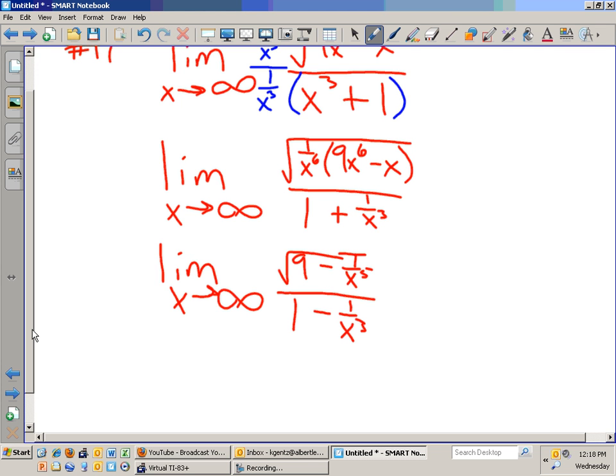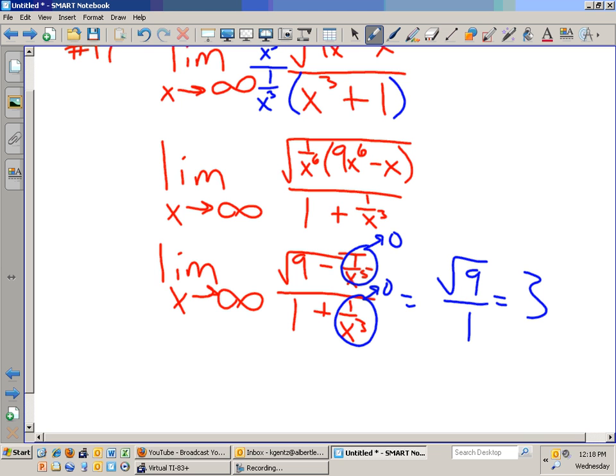Oh, I'm sorry, it's a plus on the bottom. I'm sorry. x over x to the 6th will be x to the 5th. So this piece right here goes to 0. This piece right here goes to 0. And you're left with the square root of 9 over 1, which is equal to 3. So that's kind of a trick, huh?